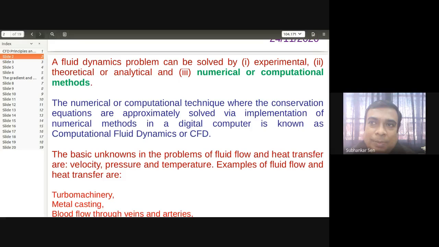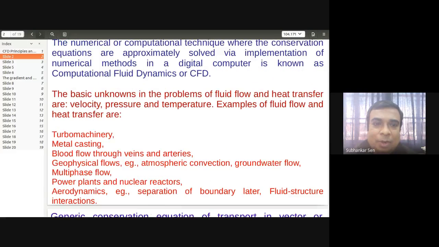Such problems are found, for example, in turbo machinery, in metal casting, in blood flow, in geophysical flows, such as atmospheric turbulence, cloud turbulence, groundwater flow, in multi-phase flow, in power plants, nuclear reactors, and in aerodynamics, fluid structure interactions, and bluff body aerodynamics.